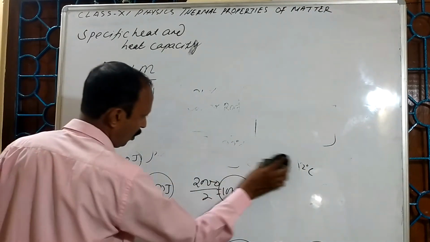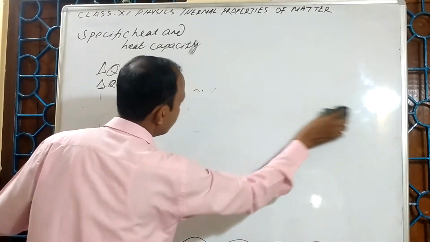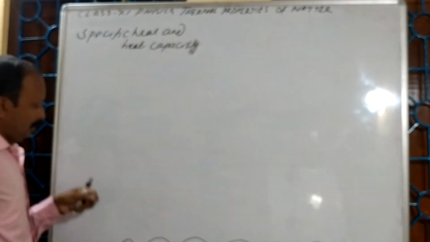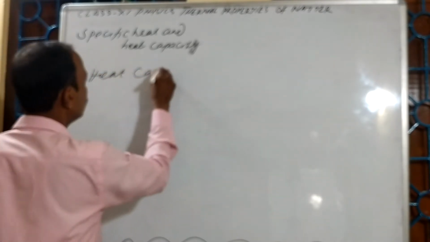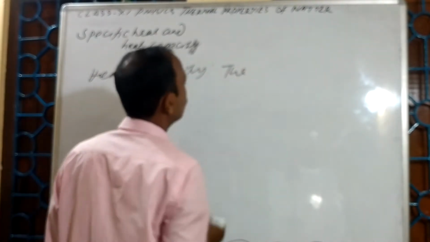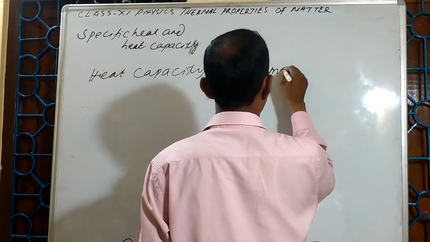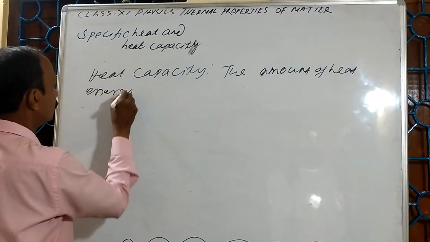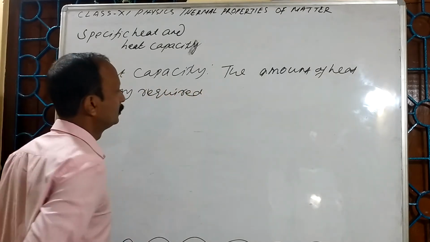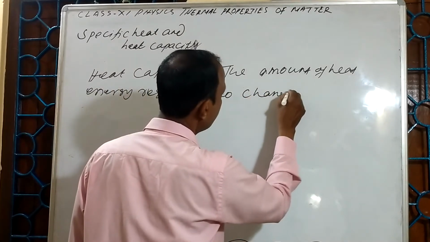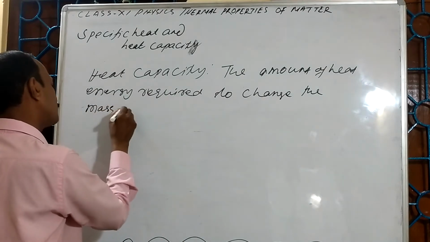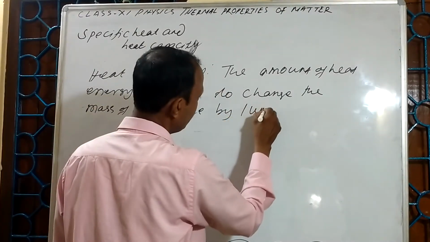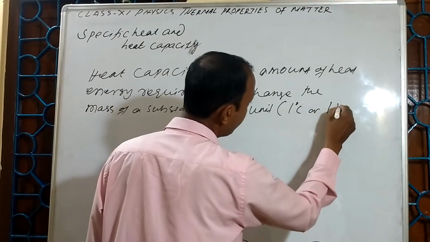So I can write the heat capacity: the amount of heat energy required to change the temperature of a substance by 1 unit, means 1 degree Celsius or 1 Kelvin.